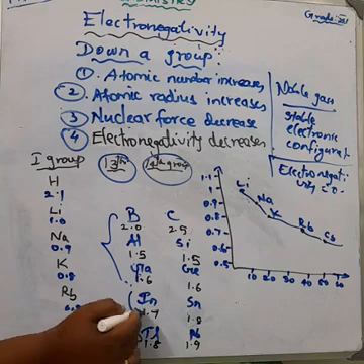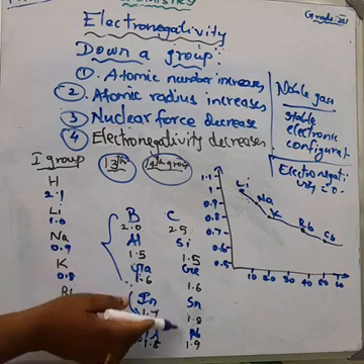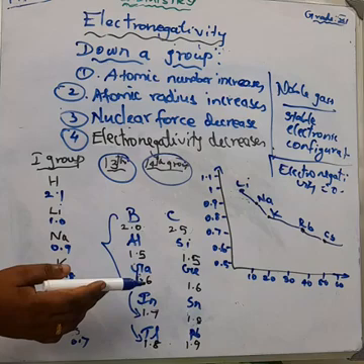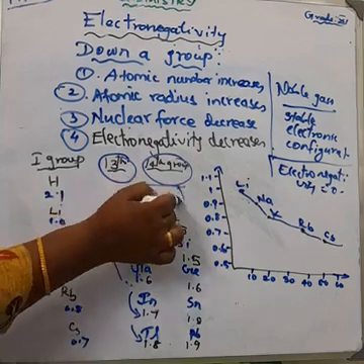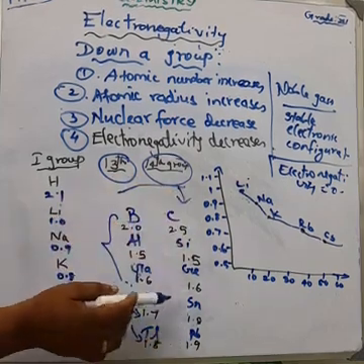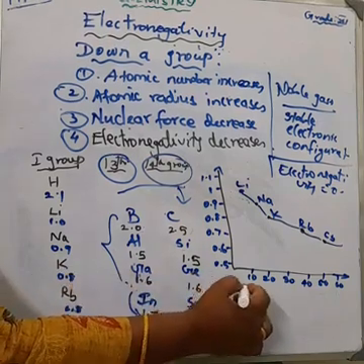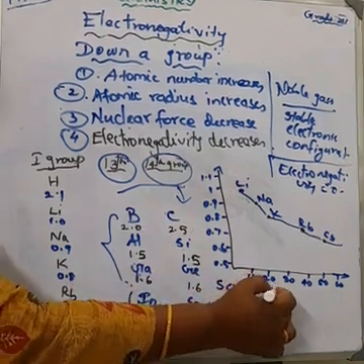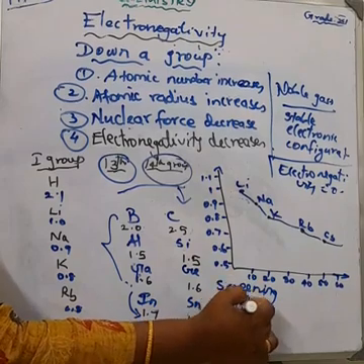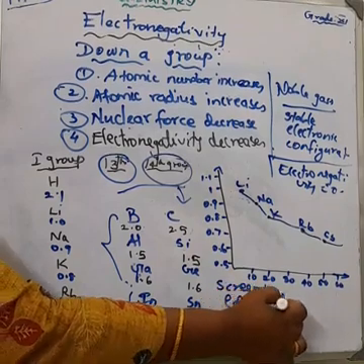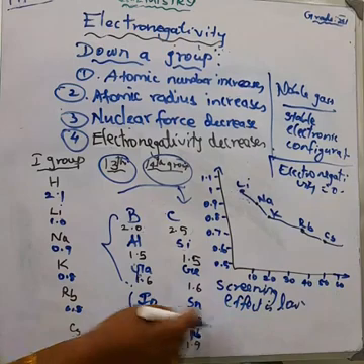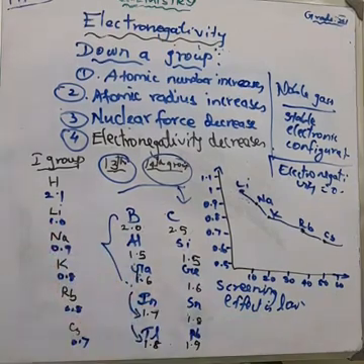What is the reason for this increase for the 13th and 14th group only? Because the electrons added do not contribute much screening effect there. In the 13th and 14th group elements, the screening effect is low, so the nuclear force on the outermost electrons will be high, and it tends to pull the electrons towards itself.